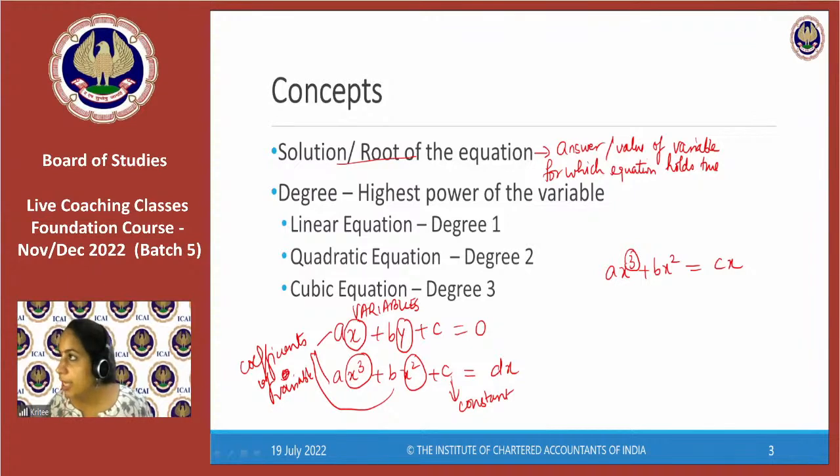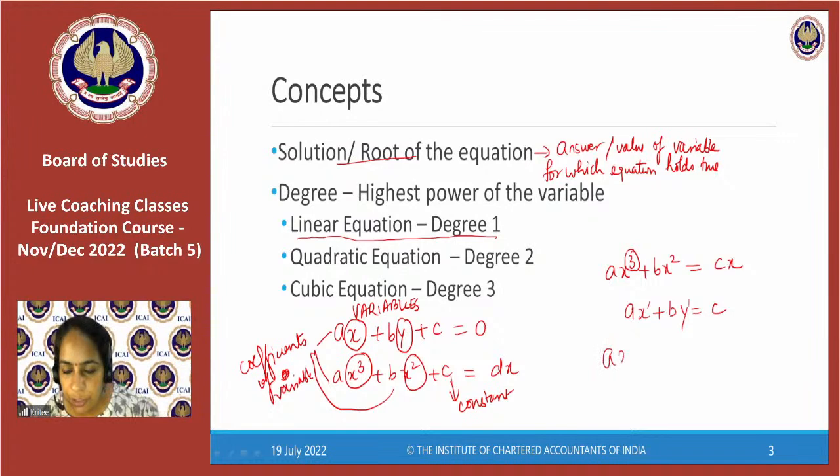And when in an equation the highest power is 1, like in this particular equation where both the variables have highest power equal to 1, it is known as linear equation. Linear equation is going to give you one root. Linear equation has one root.